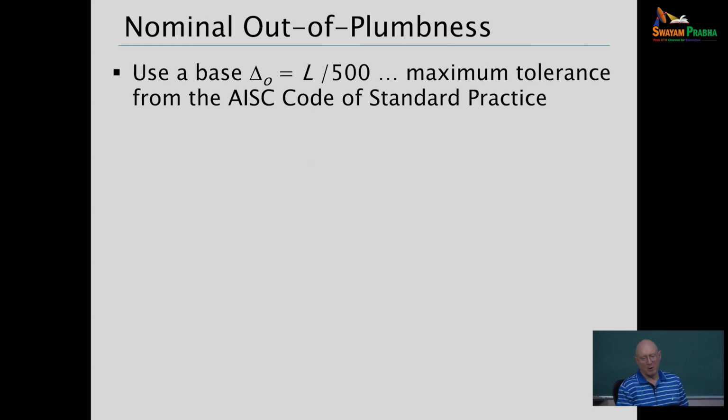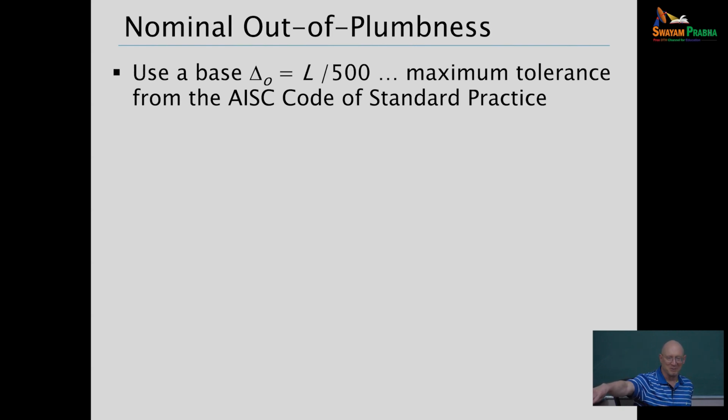AISC has what they call the Code of Standard Practice, and that's basically prescriptions for building structural steel frames. Let's say I'm an erector or a contractor, I've built a steel frame, and the geometry is off. Then the owner can say, well, here's the Code of Standard Practice. It says you have to be within this tolerance.